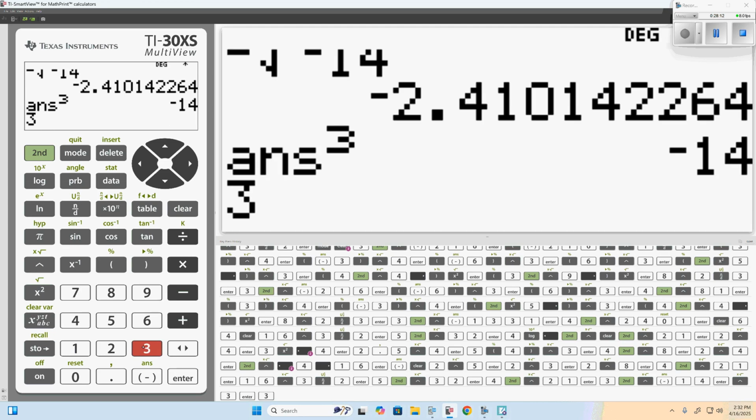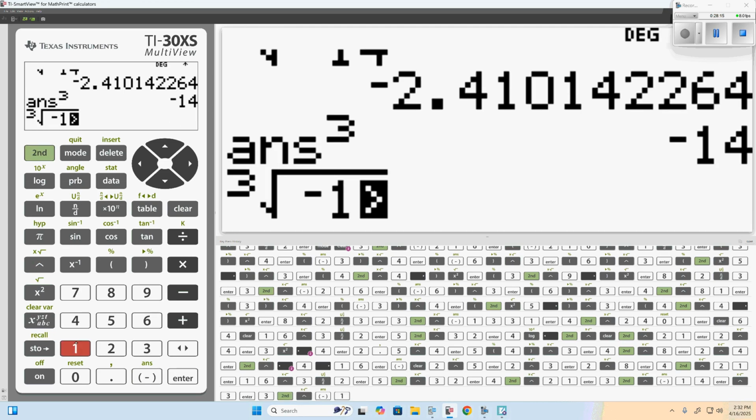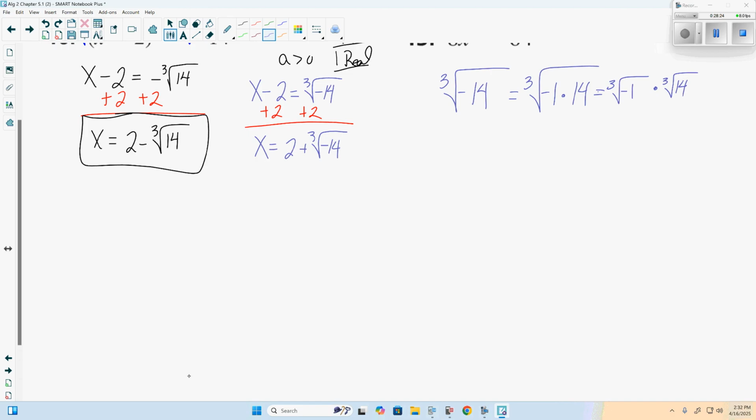It's not going to work. Cubed root of negative 1 is, lo and behold, negative 1. So that means for us here, we'll have negative 1 times the cubed root of 14, or just negative. That's why that negative can come out, because really we're taking the cubed root of negative 1, which is negative 1. Does that make sense? And this is also why we can't take an even root of a negative, because there's no way to multiply a number by itself and somehow get a negative number.